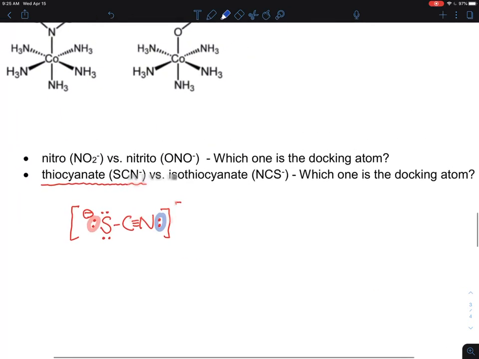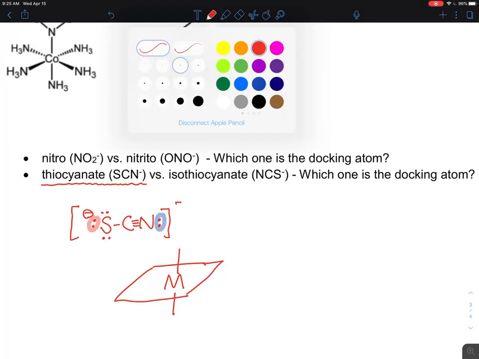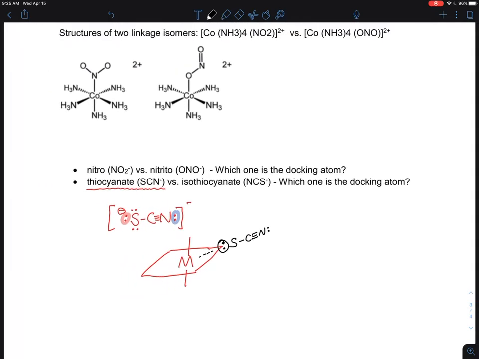So if I have a metal complex, and let's say it forms an octahedral, this one can be formed in a way that it coordinates with the lone pair electrons, with the sulfur going in, and then this one is like this. Okay, so that's one of the linkages.